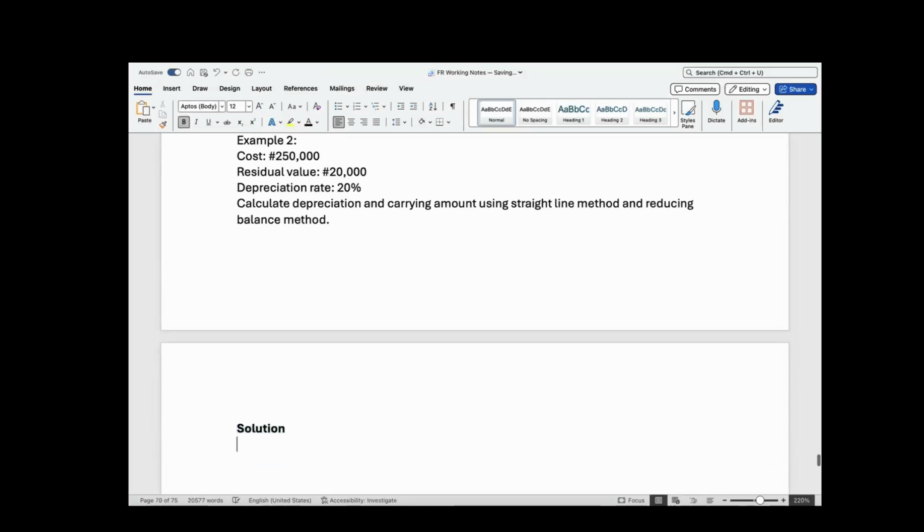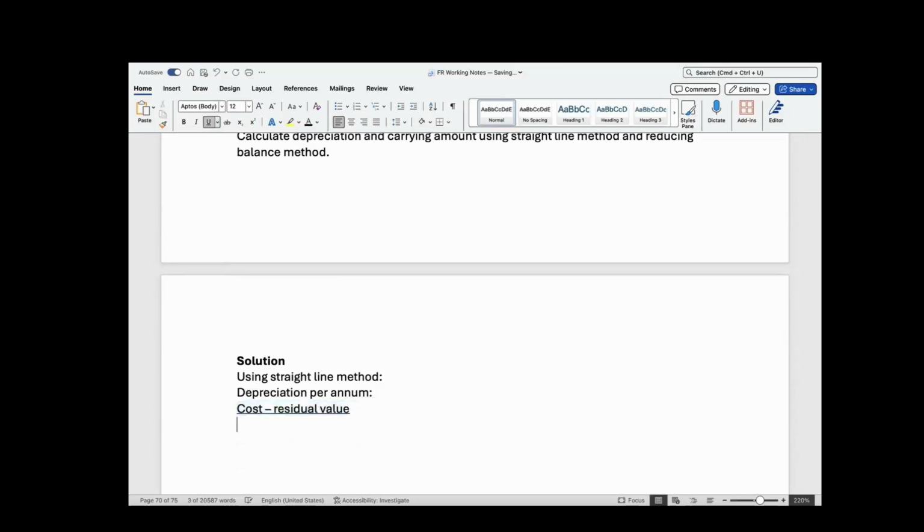So in this case now, using the straight line method, my depreciation per annum is my cost minus residual value, divided by the useful life of the asset.